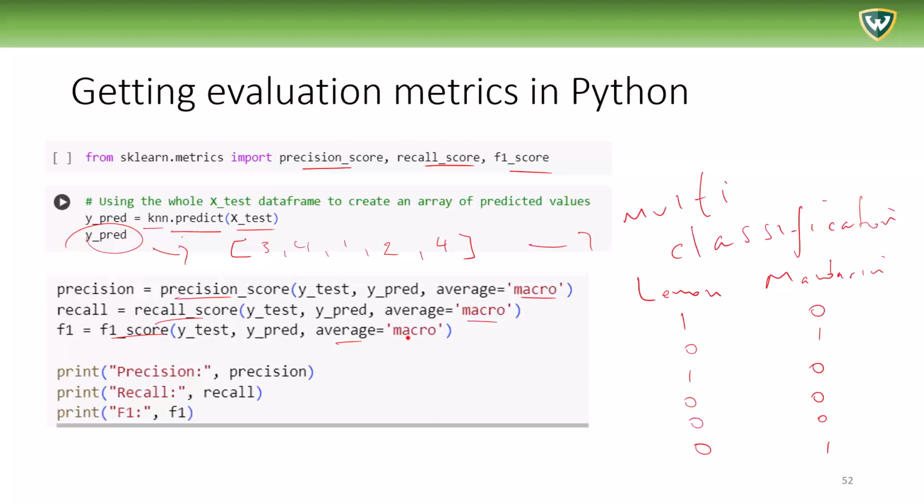This is why there are different averages we can choose for the precision, recall, and F1 score of this specific KNN model. And I will include a link for you to look into the different averages. And I suggest you try the different ones, the macro and the micro, as you do the exercise for this class.